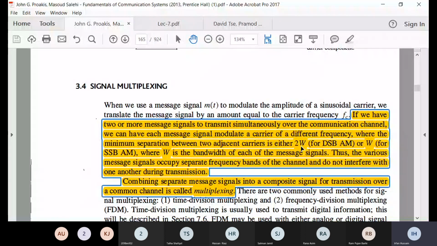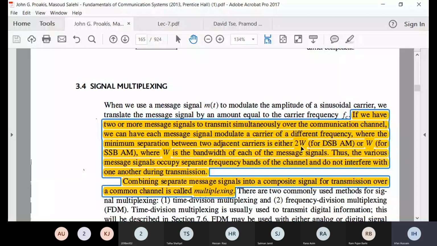The other will also have its lower and upper sideband around its new FC. The difference between these two old and new FC should be 2W, so that the upper sideband of one user and the lower sideband of the other user do not clash or interfere with one another.